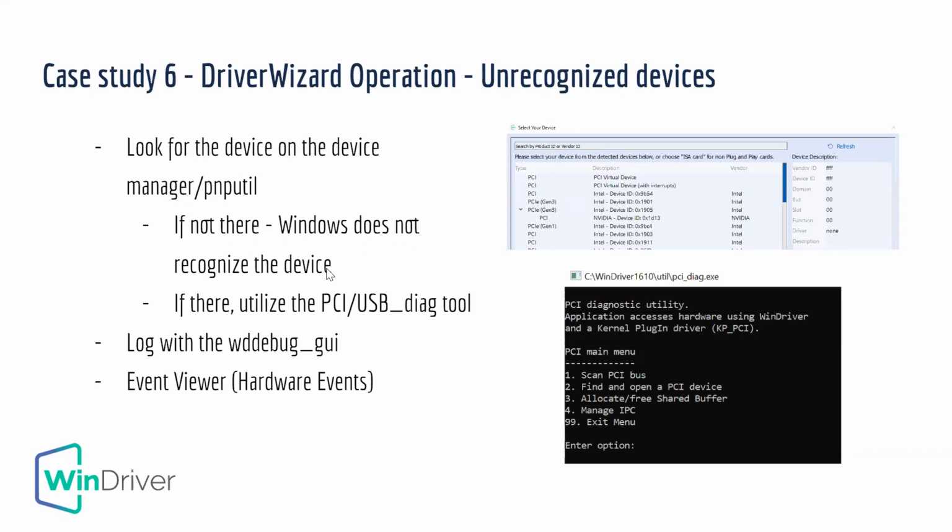We can check either with the debugger of the operating system or by moving the device to another PC and seeing if it works there. However, if you find the device on the operating system list, you can utilize the PCI or USB diag tool from the util folder of WinDriver and see if it appears there, if you can access it, and if you can perform operations.